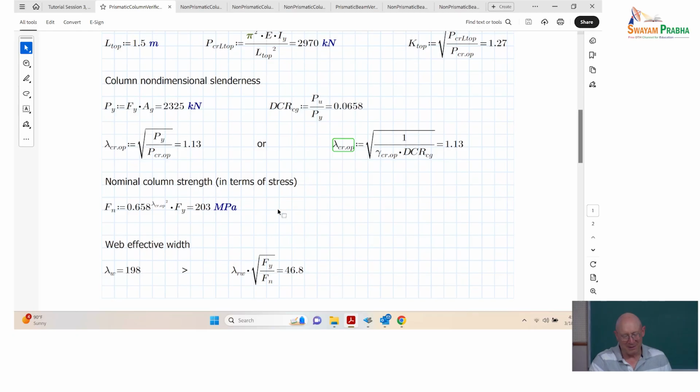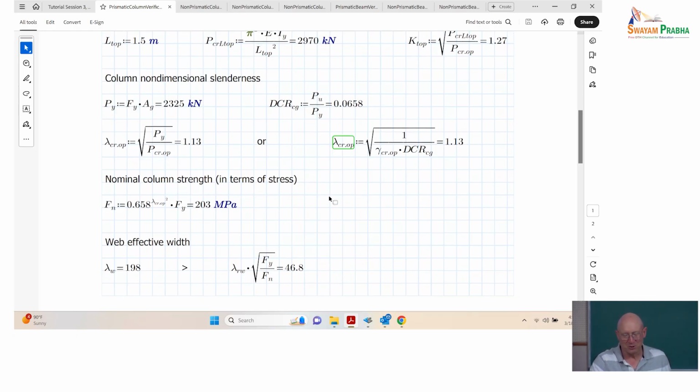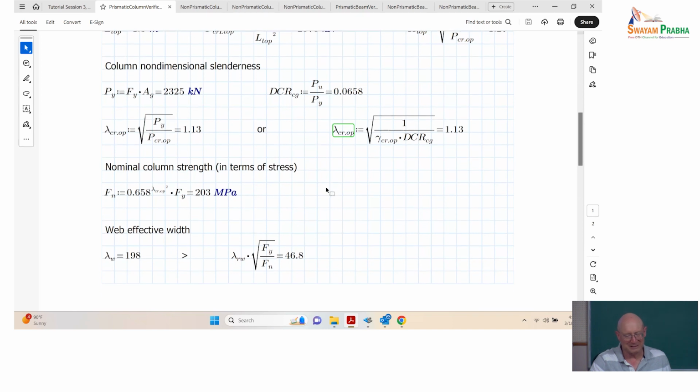there are many reasons that we've already talked about, and we can talk about some more, why it's good to put it in terms of a non-dimensional slenderness for our stability design. So we're getting a 1.13 here for the square root of yield load to elastic buckling load, or yield stress to elastic buckling stress.